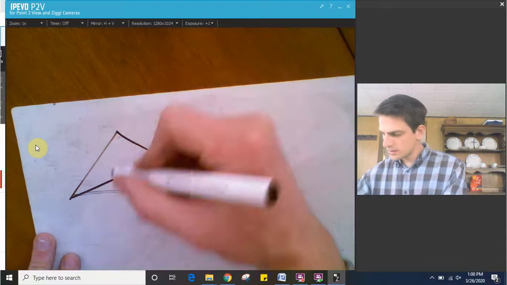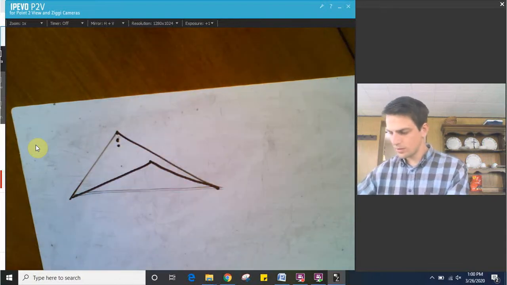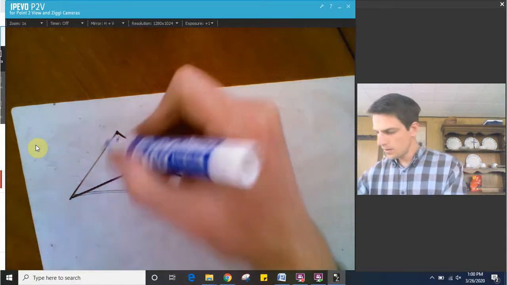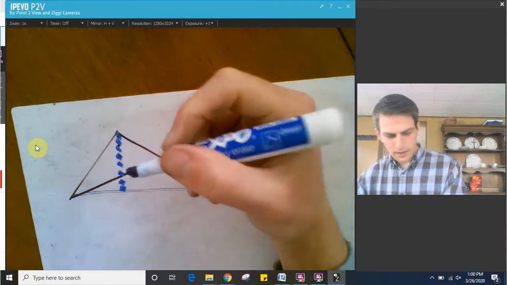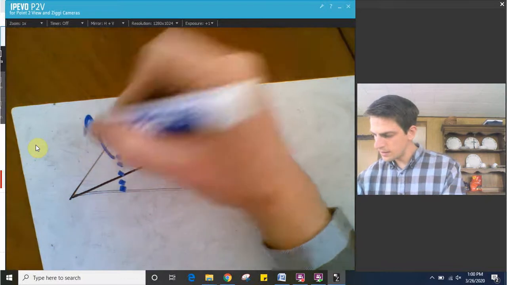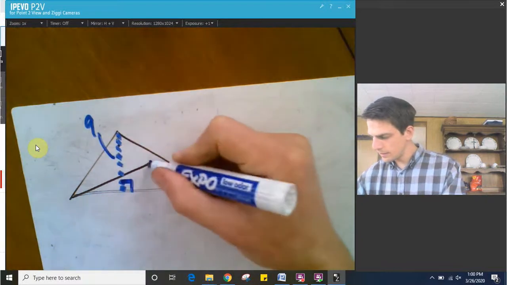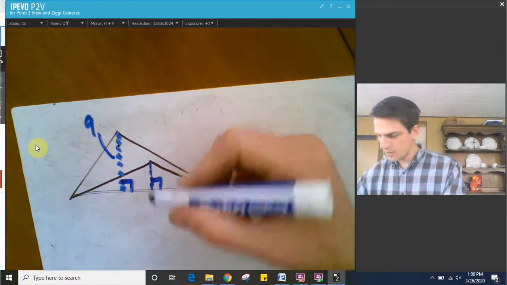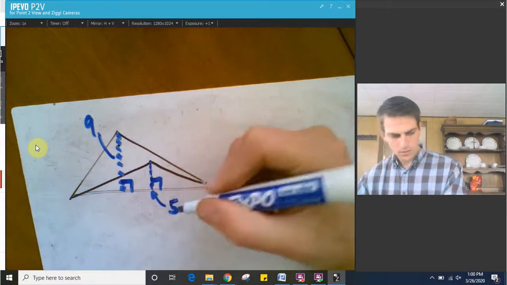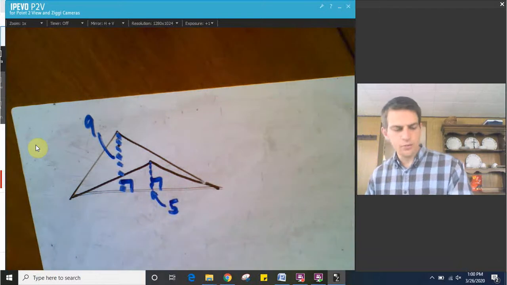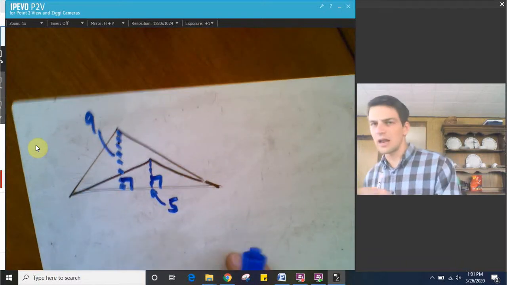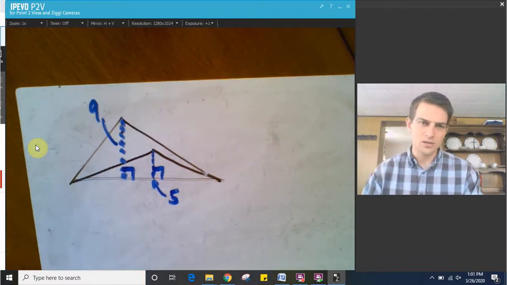I'll use a different color here. That length there is 9, and this length here is going to be 5. We are asked to tell what the ratios of these two triangles are, and they name them with points, but for the sake of time I'm not going to do that.